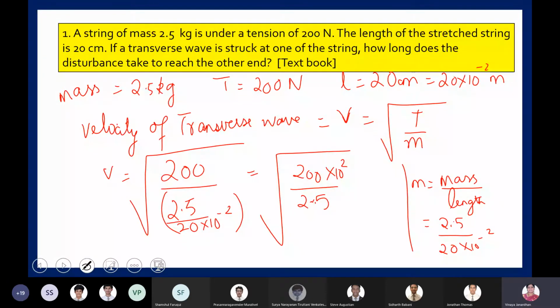What's the value, boys? So I can write this as 2 into 10 to the power of 4 divided by square root 2.5.